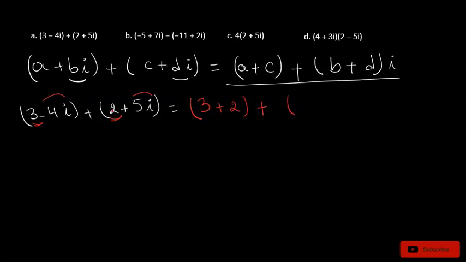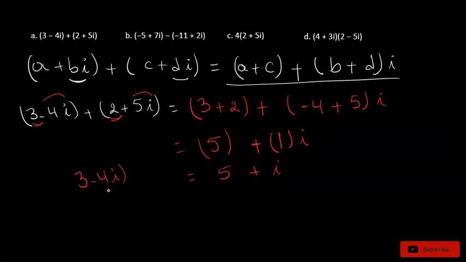I'm going to write minus 4 plus 5, times i. 3 plus 2 is 5, plus minus 4 plus 5 is going to give us 1i. This is 5 plus i times 1, which is i. This is the result of the first example.